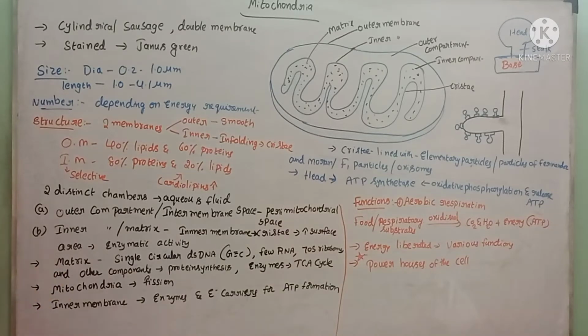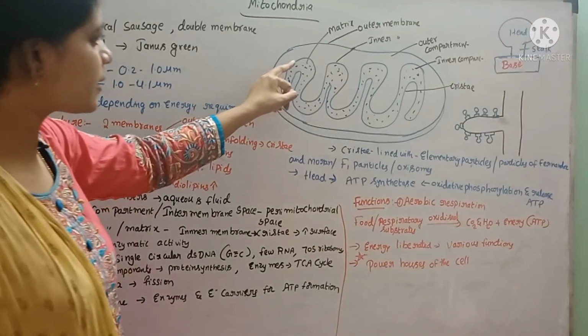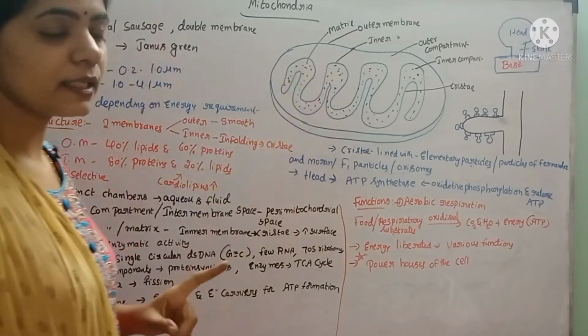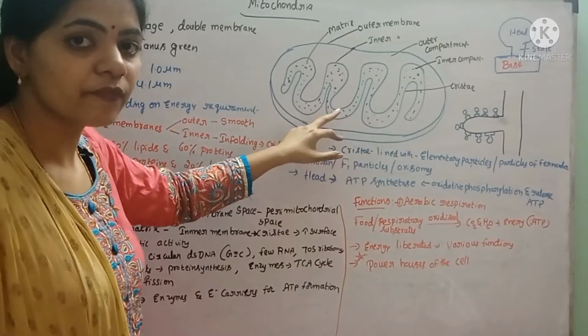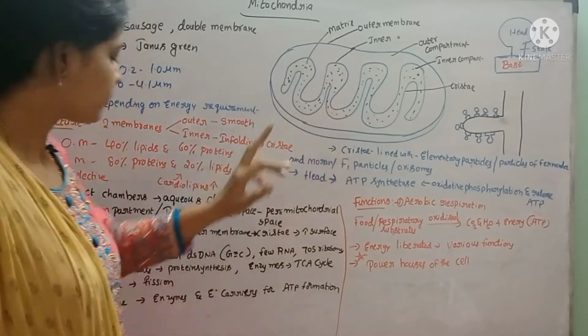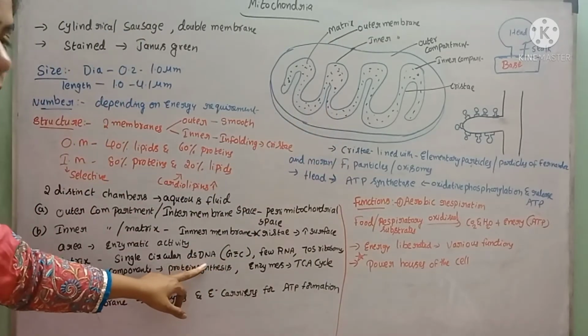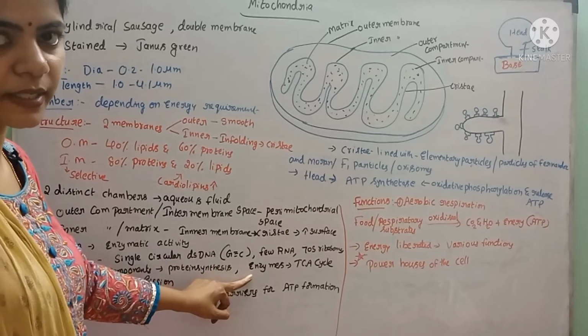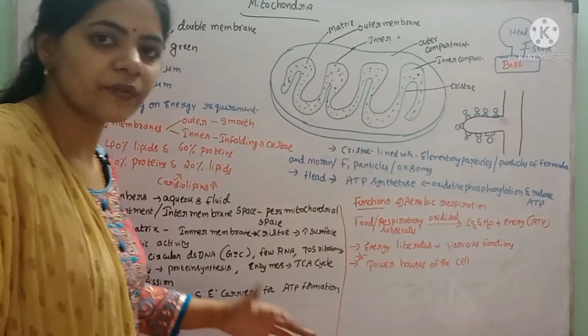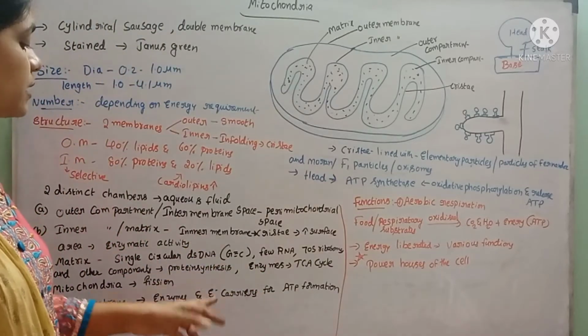And within the matrix, there is a single circular DNA. What is present in the matrix? A single circular DNA, and that DNA consists of a major amount of guanine and cytosine bases. We know the DNA consists of adenine, guanine, thymine, cytosine, right?